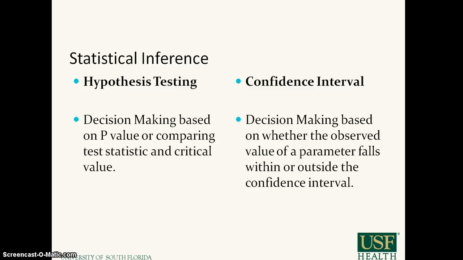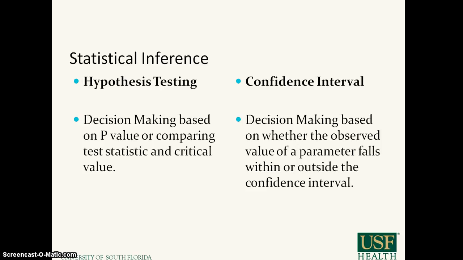And then there's another tool for statistical inference, which is the confidence interval. Now you may remember confidence interval is a method for estimation. But once you have a confidence interval, you can also use it to do statistical inference. So the decision making is based on whether the observed value of a parameter falls within or outside the confidence interval. Okay, because we believe the confidence interval captures the true value of the parameter with certain probability.